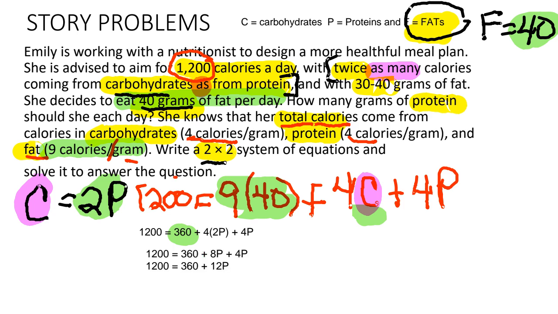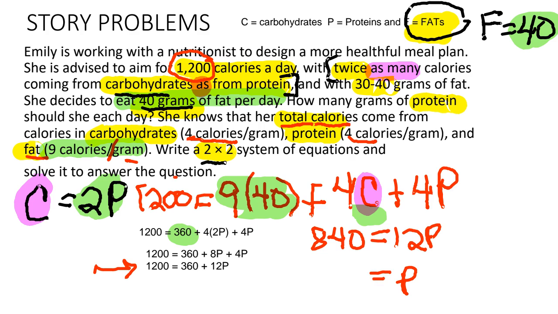I'm solving this equation for P. Well, if I take 1200 and I subtract 360, I get 840 is equal to 12P. Divide by 12, and that means I am going to have 70 grams of protein.